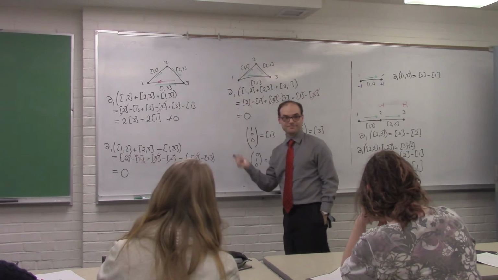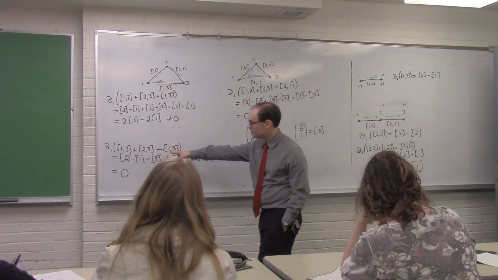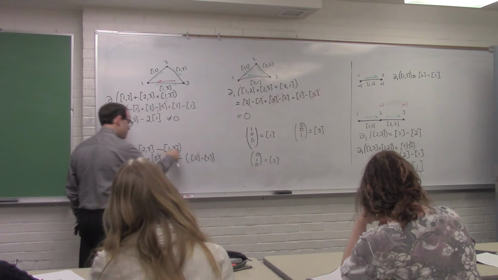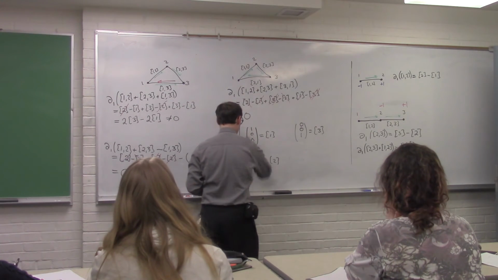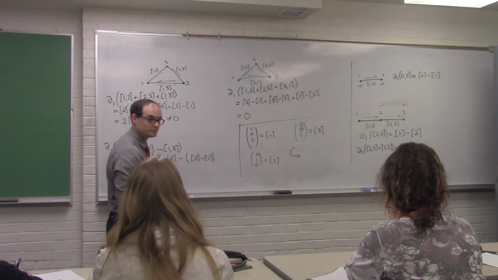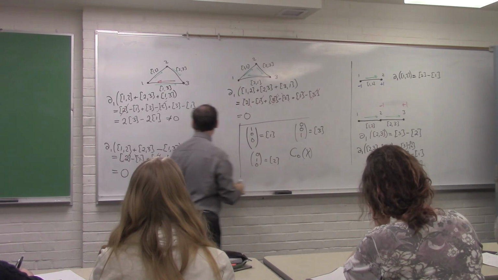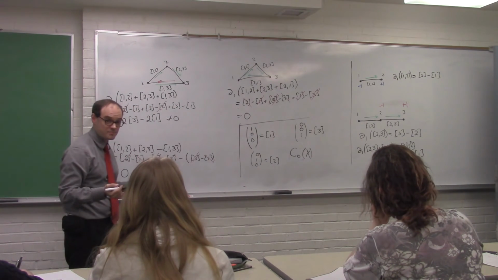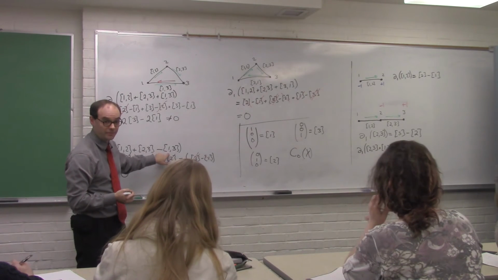Why could you switch the sign in that bottom one? Well, because again, this is a basis element. This is for C0 of x. Now, C1 of x has a different basis. The basis is spanned by 1 2, 2 3, and 1 3.